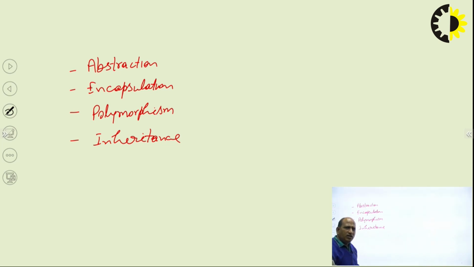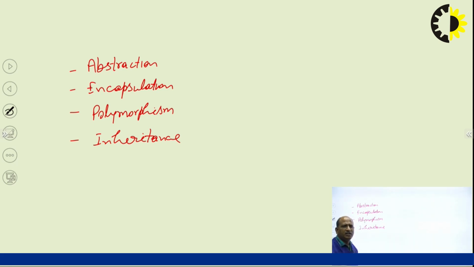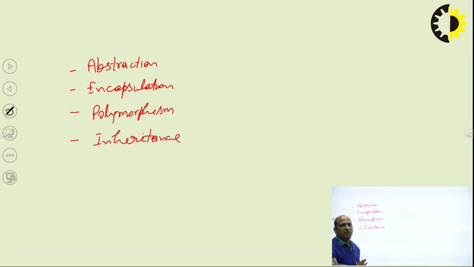So now we understand what abstraction, encapsulation, polymorphism and inheritance are. Java is an object oriented language and it contains all these concepts.